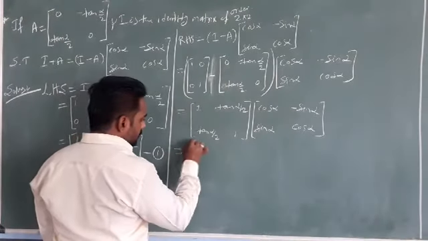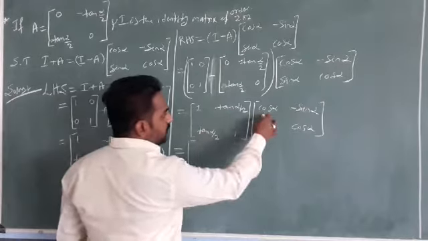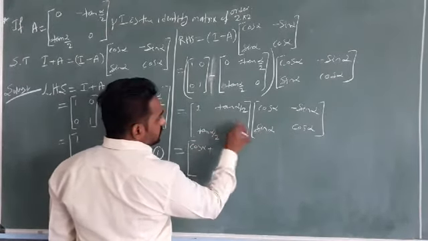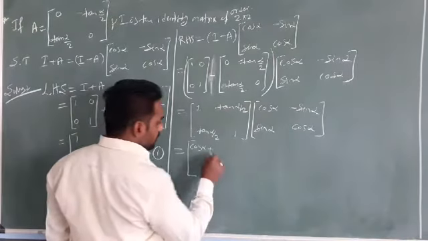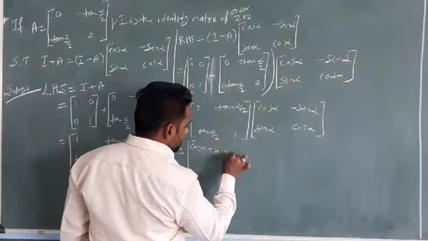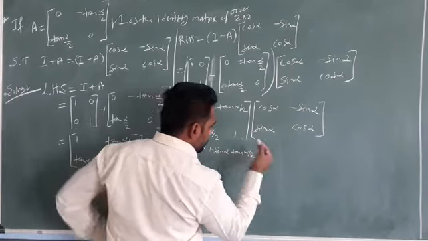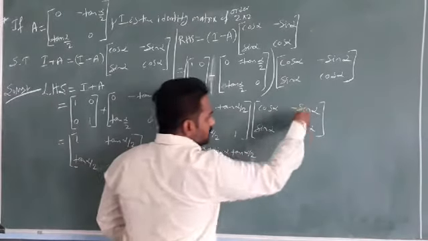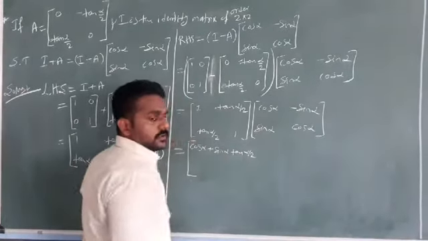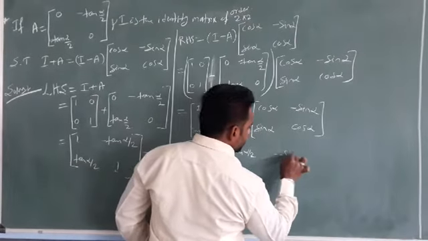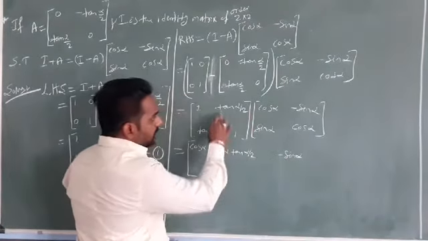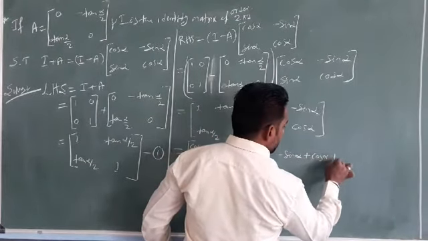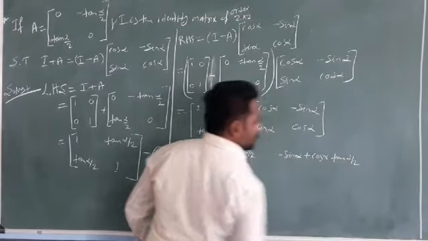Now do the product. Okay, 1 into cos alpha plus tan alpha by 2 into sin alpha. So plus sin alpha into tan alpha by 2. The first column elements are over. Next, 1 into first row with the second column: 1 into minus sin alpha, that is minus sin alpha. Tan alpha by 2 into cos alpha plus cos alpha into tan alpha by 2.